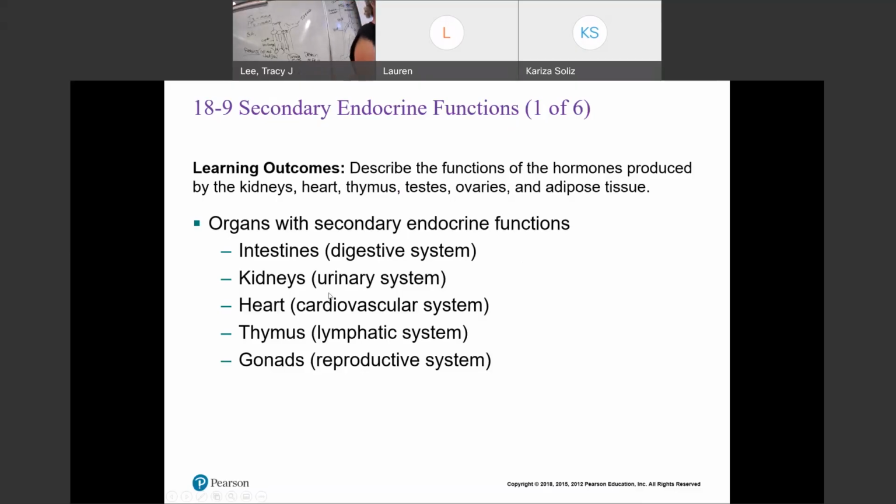Heart, this is going to be some of our peptide hormones, our ANP, that again are regulating blood pressure. It helps to say, hey, our pressure is too high to our carotid arteries or to our aortas. And it talks to the kidneys.